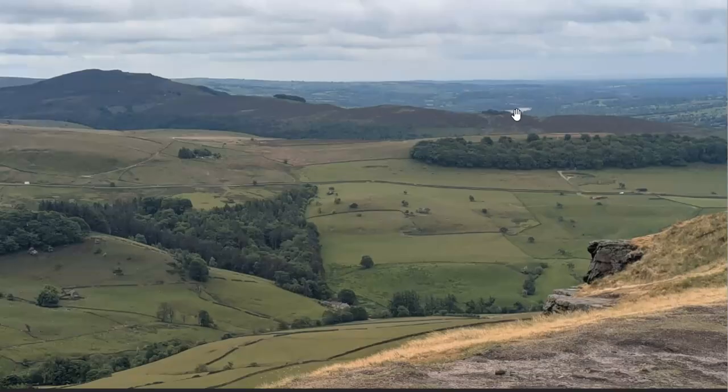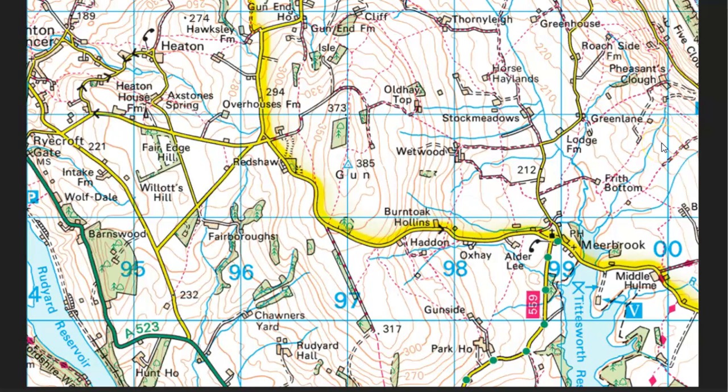So let's go back to those maps and see if we can eliminate any of them. Here's the map with the Gun trig point on. Remember, we were looking for a very steep slope off to left and ahead, and this hasn't really got a particularly steep slope, so that one doesn't seem to fit.